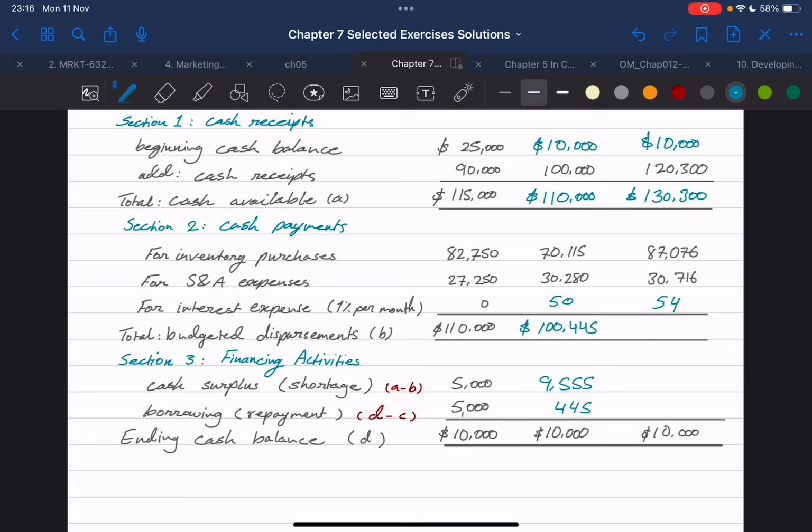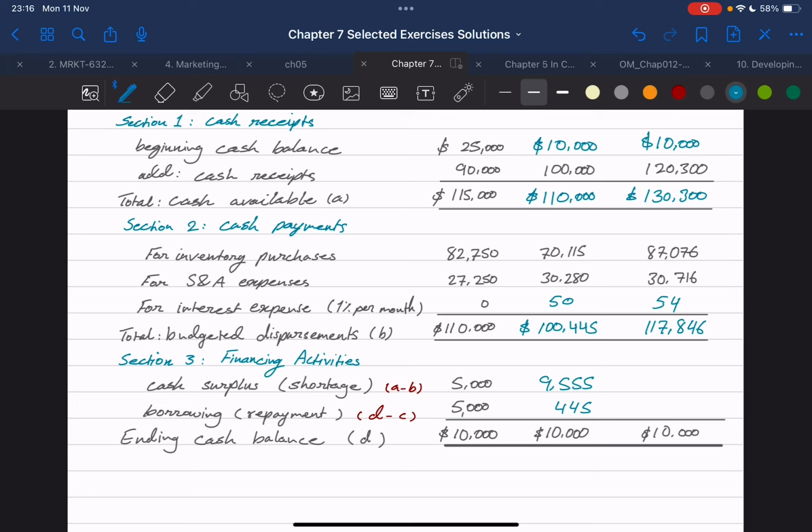And then we can calculate the total budgeted disbursements for September, $87,076 plus $30,716 plus $54. We will have total budgeted disbursements of $117,846.